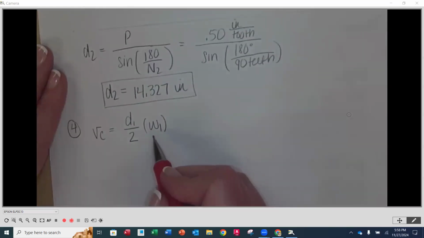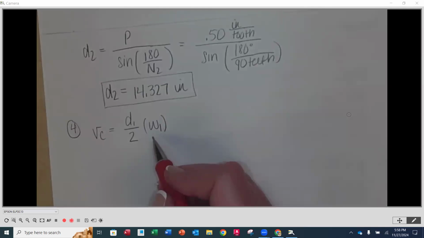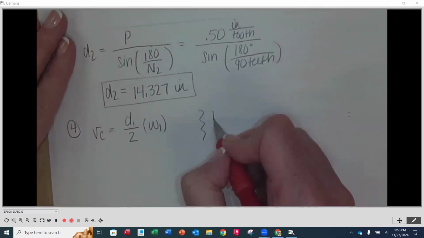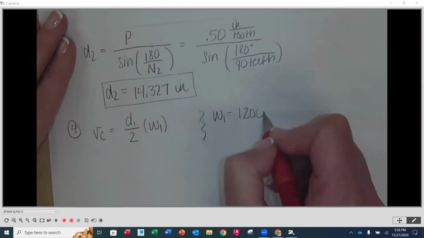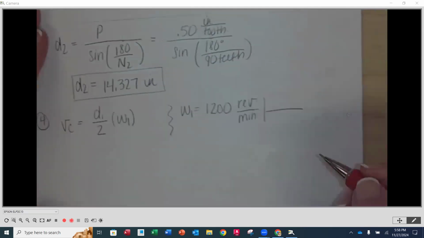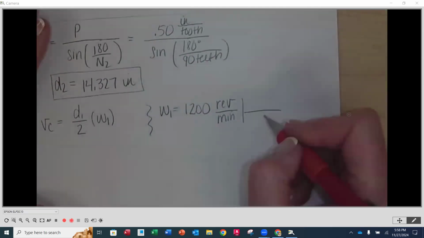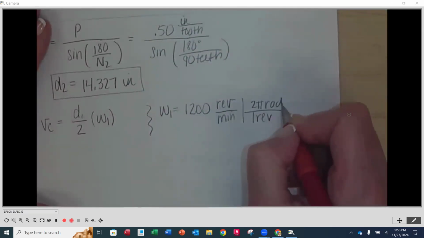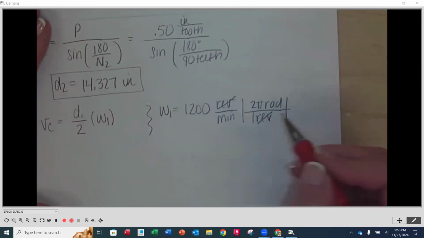Now, as we said, W1, our angular velocity, has to be in radians per minute. So on the side here, I'm going to say W1 is equal to 1200 revolutions per minute. And I just need to convert that to radians per minute. So 1 revolution on the bottom, 2 pi radians on the top.